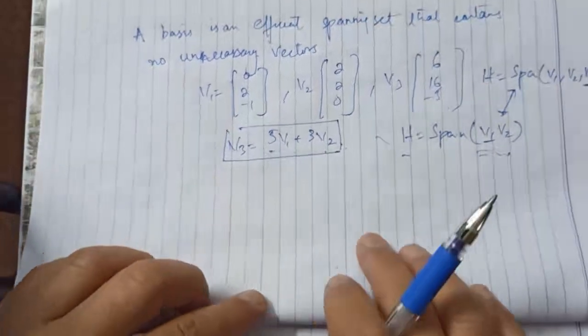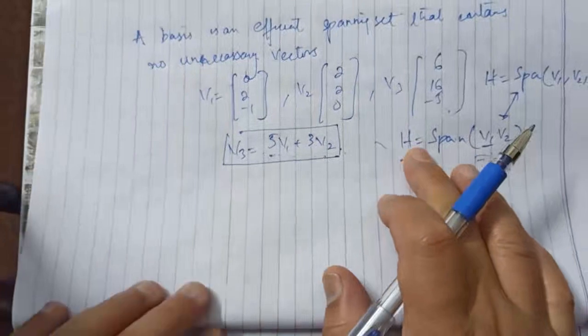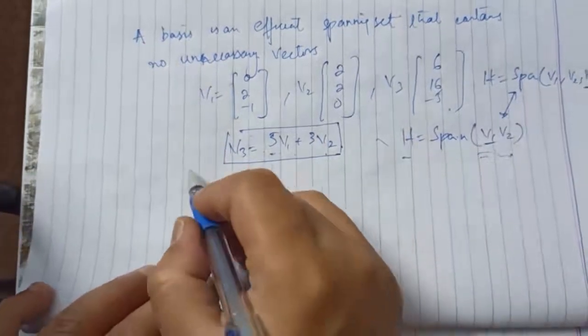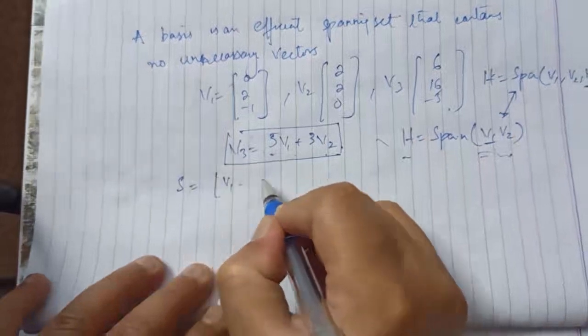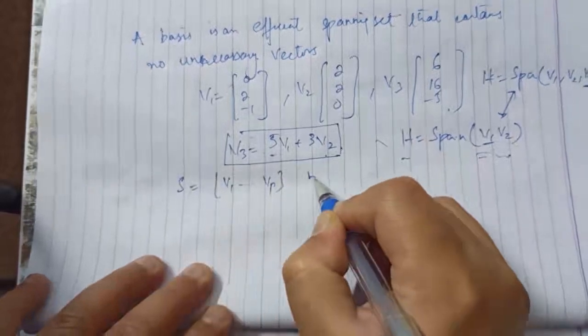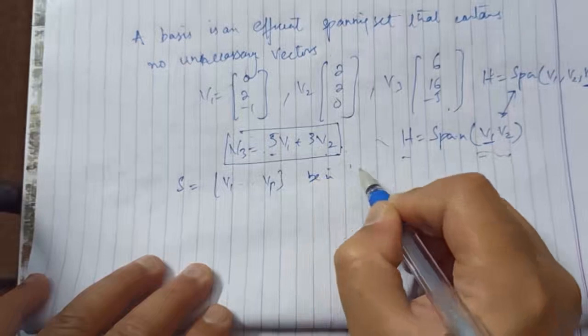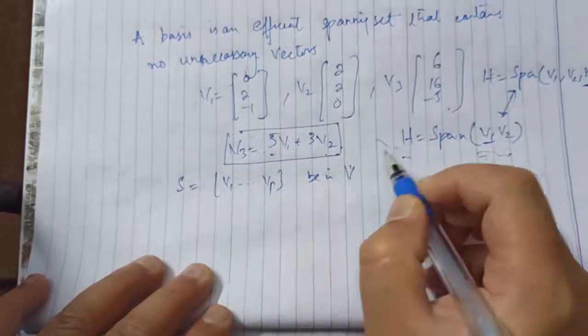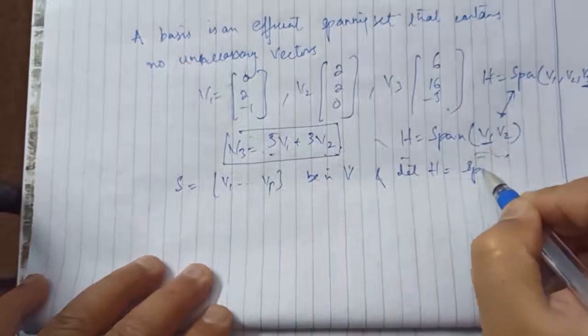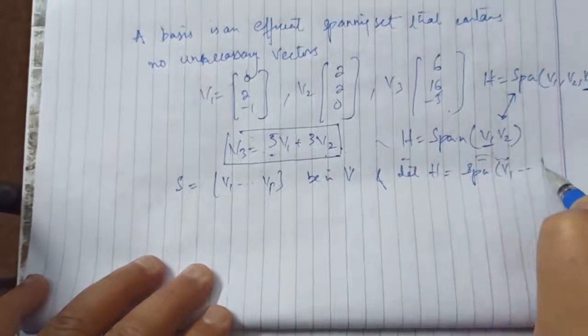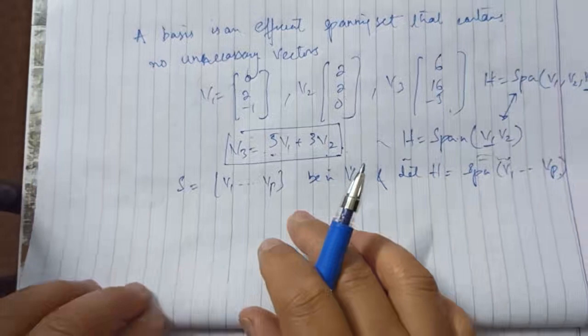So let's formally define the spanning set theorem. Let S be a set of vectors v1 to vp in V, and let H be equal to the span of v1 up to vp, right?